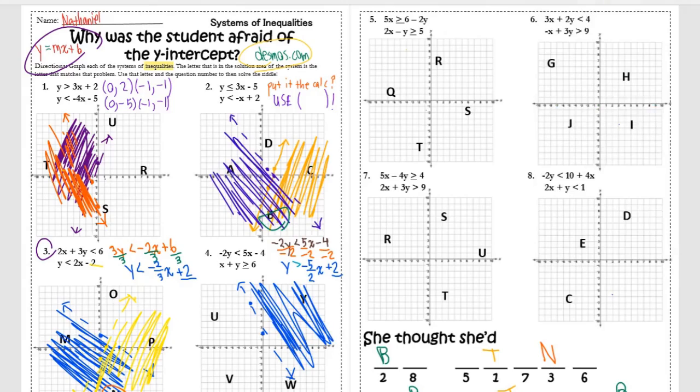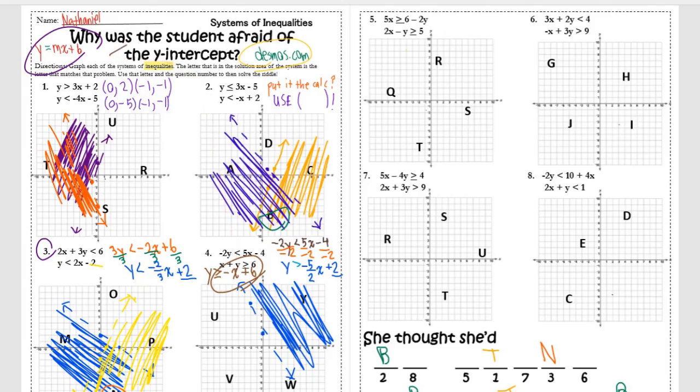So now our second inequality, all we have to do to get y by itself is subtract x from both sides. So when we do that, we have y is greater than or equal to negative x plus 6. Notice how I kept it in slope-intercept form.